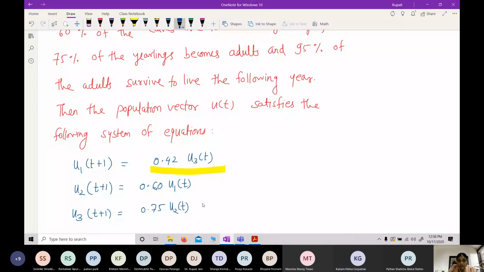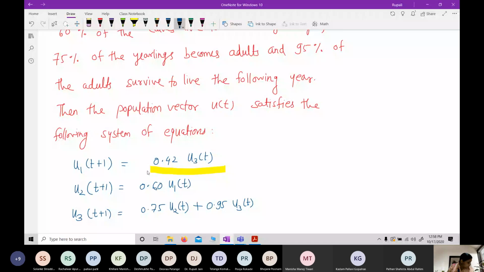Right? And 95% of the adults, जे काही मागच्या वर्षीचे अडल्ट्स आहे त्याच्यामधले 95% सर्वाइव्ह होतात, तर मग ते पण ऍड होतील याच्यामध्ये. सो 0.95 टाइम्स u3t. Is that okay? Yes, ma'am.